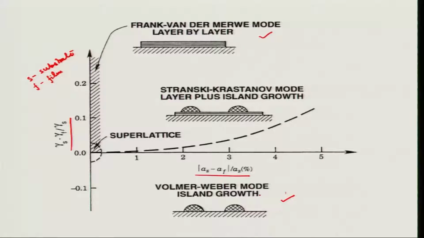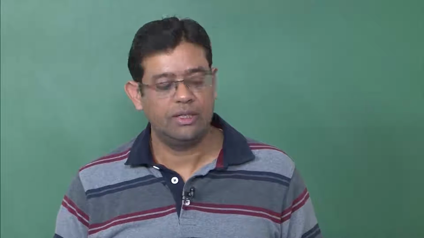In between there is a region where these two exactly match up to give you Stranski-Krastanov mode, which is layer plus island growth. So, this is a view graph where you can see how the surface energy mismatch and lattice parameter mismatch can be interplayed to change the growth mode.